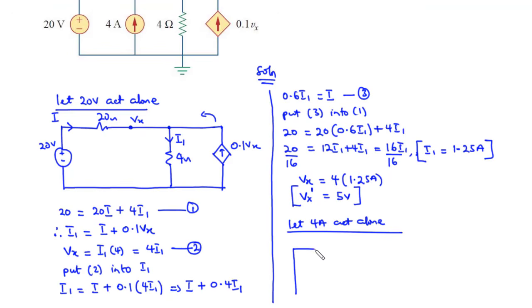We have this 20 ohms here. This is Vx, and then we have the current source 4 amperes. We have this 4 ohms resistor, and then we have the dependent current source.